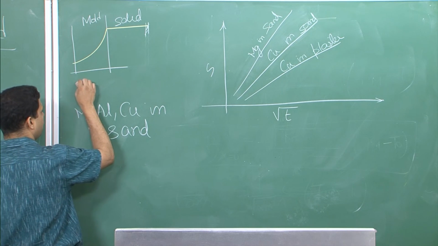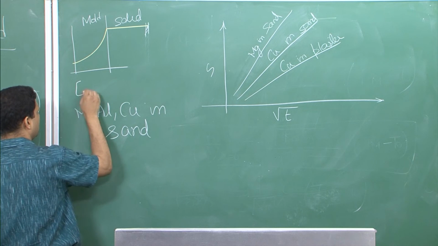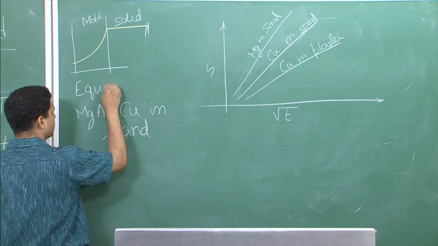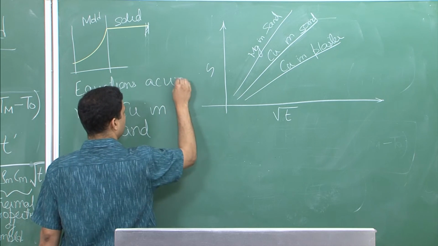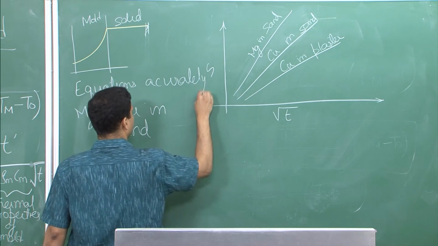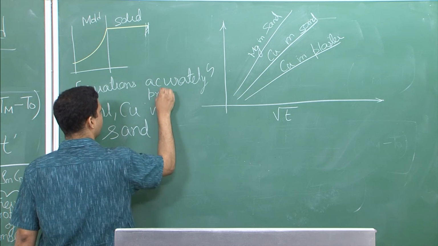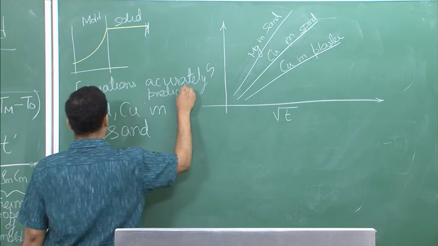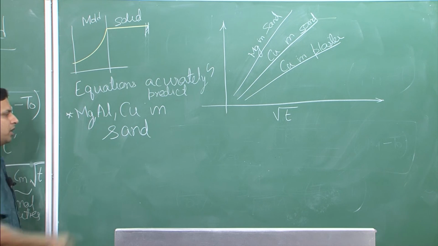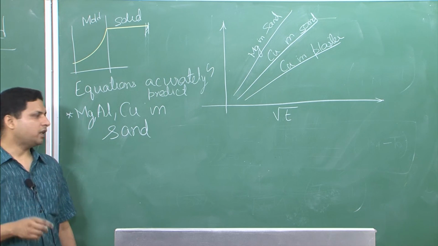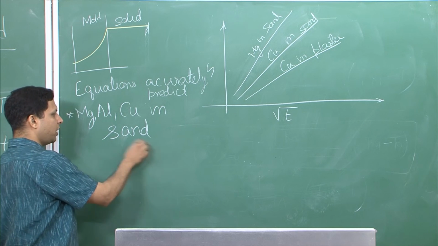This equation will accurately predict for combinations like magnesium, aluminum, which are high conducting materials, but in an insulating mold like sand.